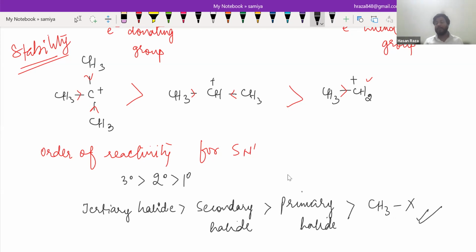And the order for SN2 is just the opposite of this, because of steric hindrance. That is a single step reaction, there was no formation of carbocation. Is that clear?